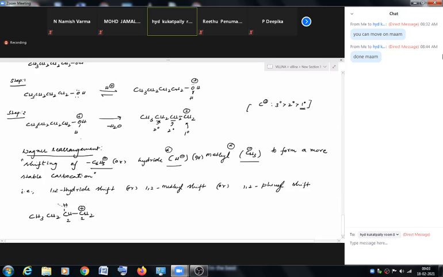So this hydrogen on the second carbon atom will be removed as H minus along with the electron pair. So we are performing a 1,2 hydride shift. Please concentrate on how I'm writing the shifting.